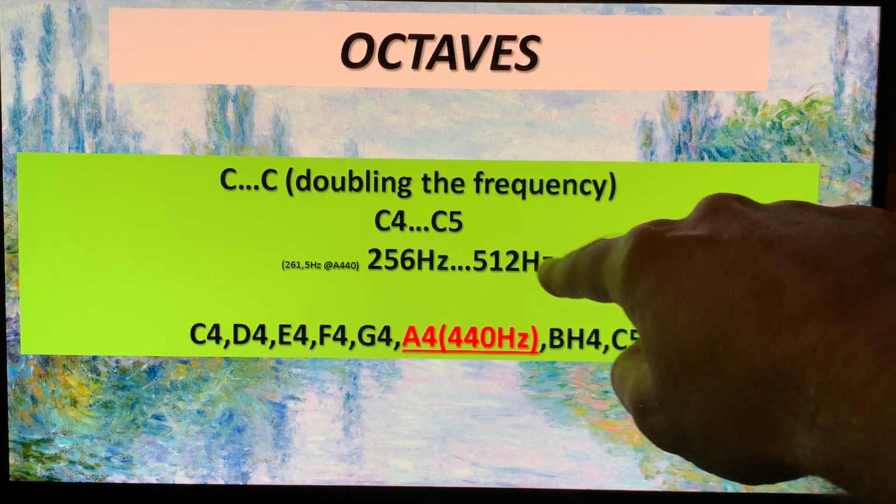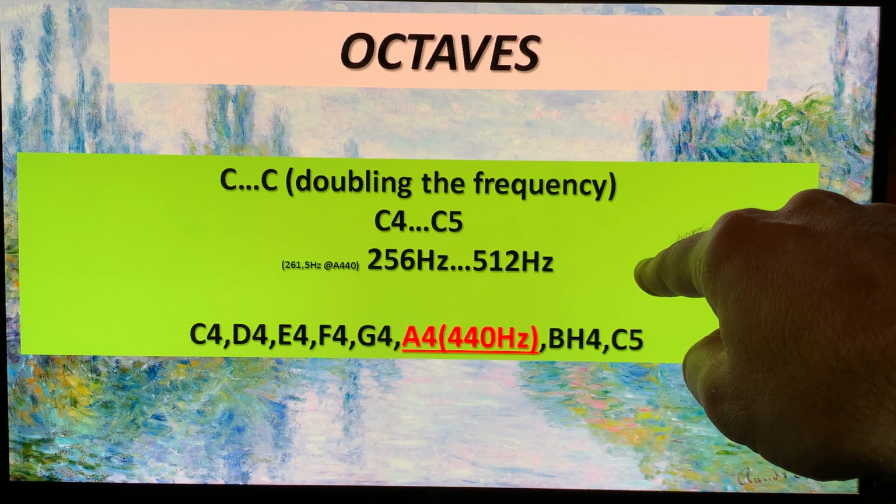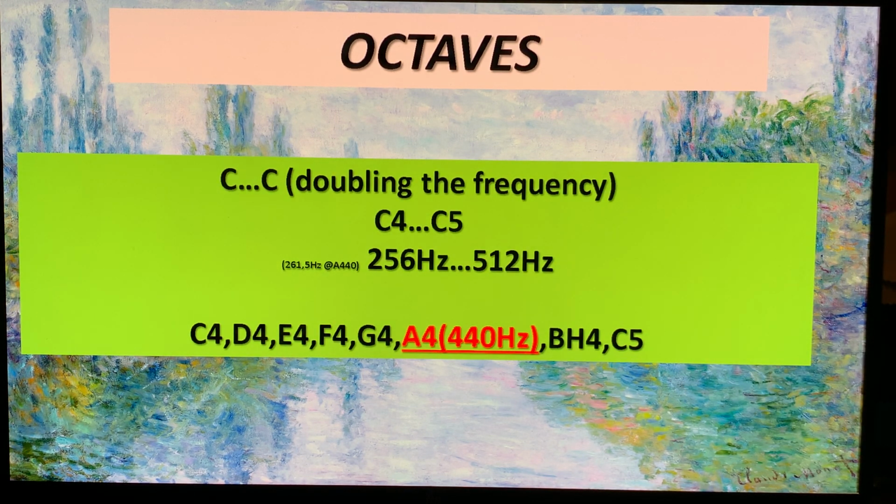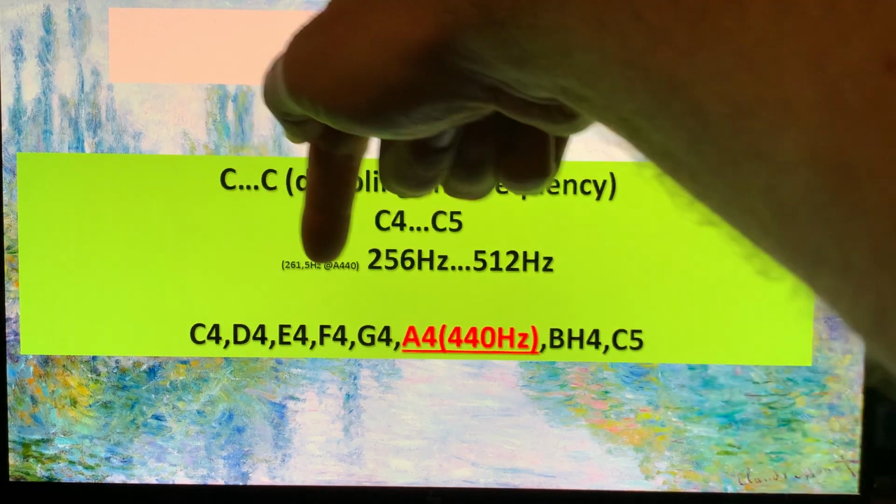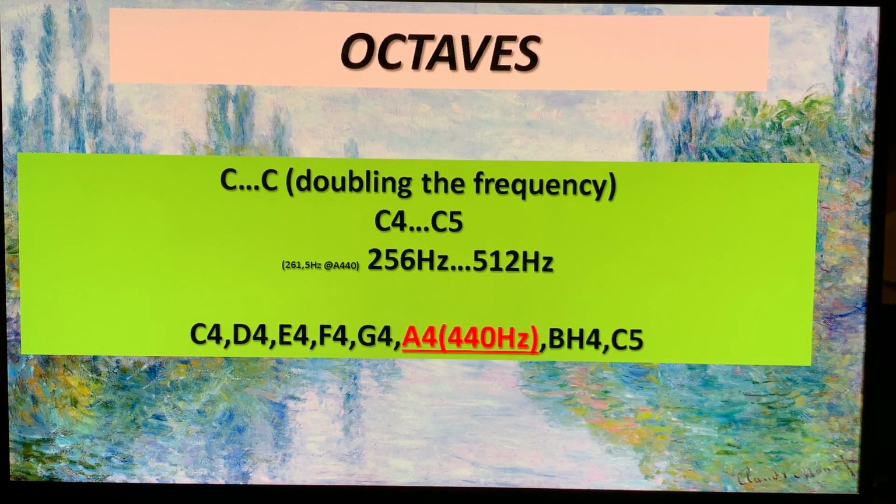A C6 would be double that, so it would be 1024 hertz, and so on. So when you go 1 octave higher, it means all the notes within the octave will be exactly twice the frequency compared to the lower octave.